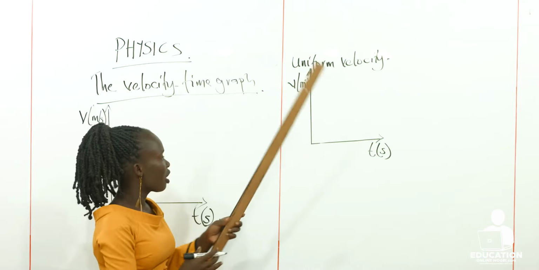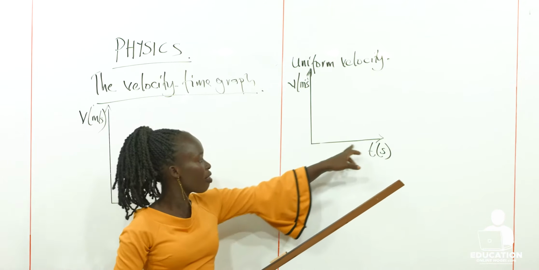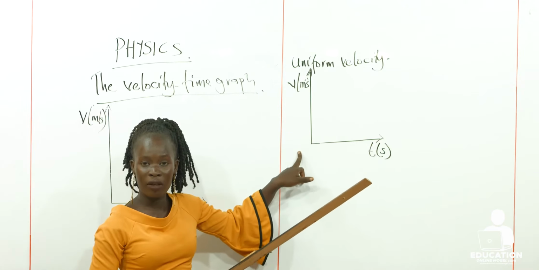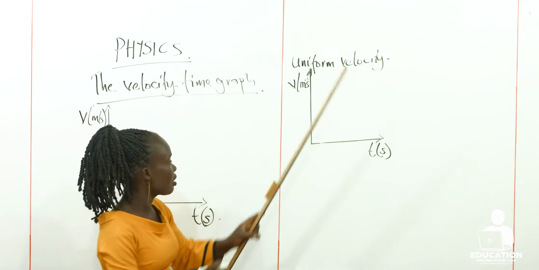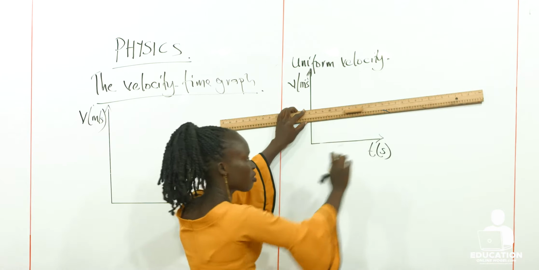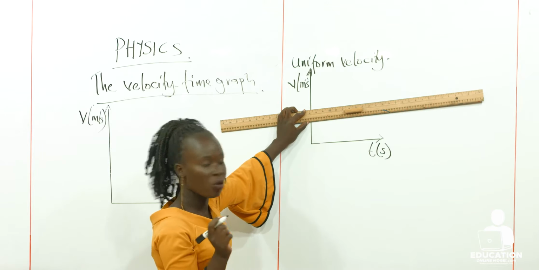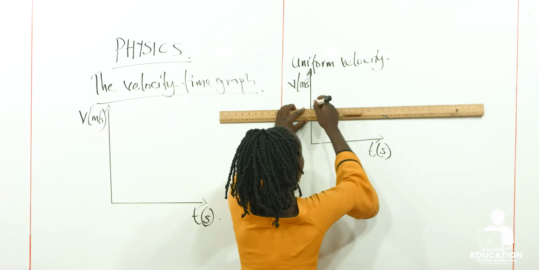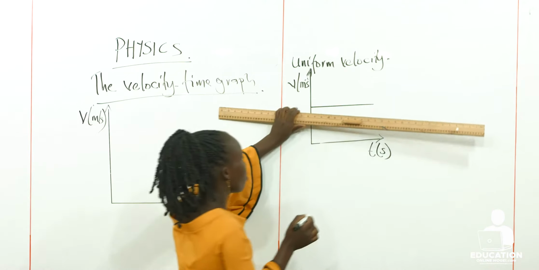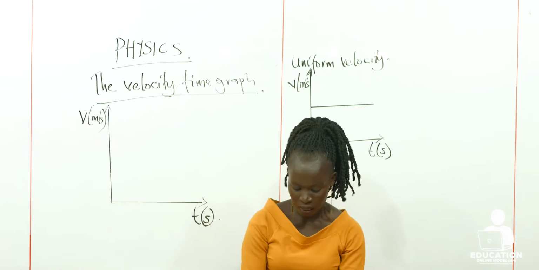This one is also a horizontal line, but it doesn't mean that this is where the body is moving with a uniform velocity. We introduce another line here, because the x-axis carries the time interval the body takes to move from one point to another. So this horizontal line here will show you that this body is actually moving with a uniform velocity.